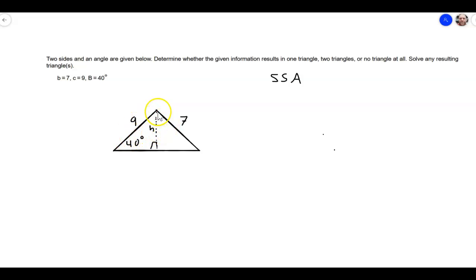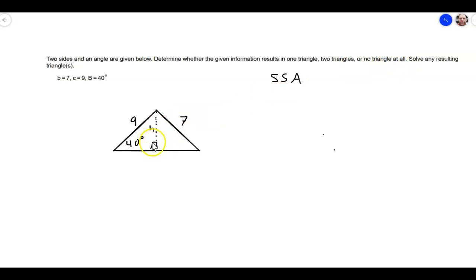So it has to be at least as long as the height in order to form a triangle, because if it's shorter than the height, then it's not even going to be able to reach the bottom here to form a triangle. So if it's not at least as long as this height, then it cannot form a triangle, and we have no triangles at all.